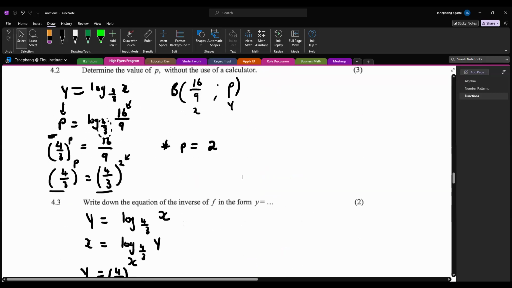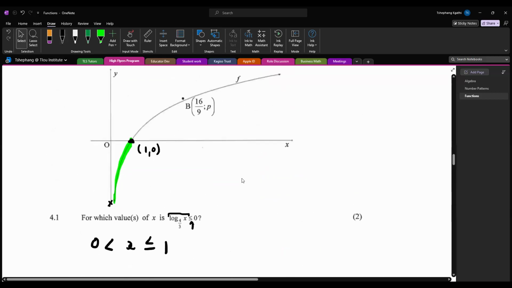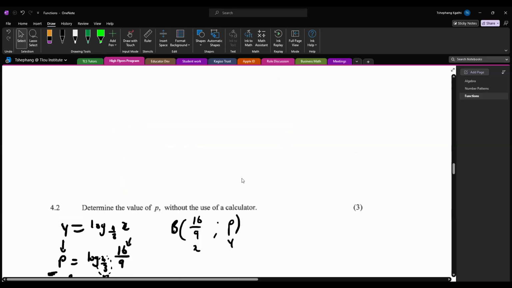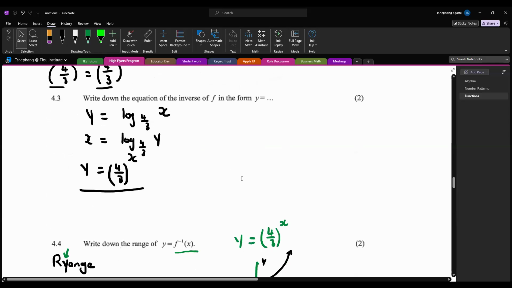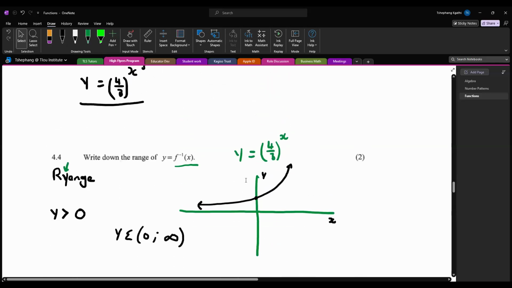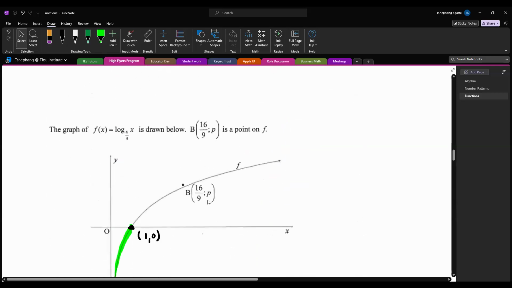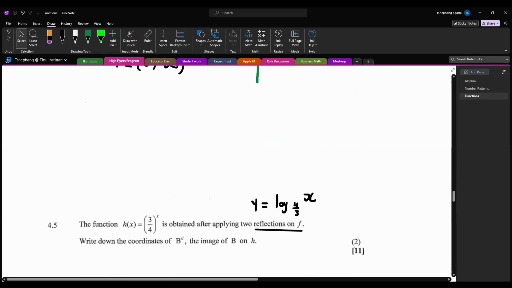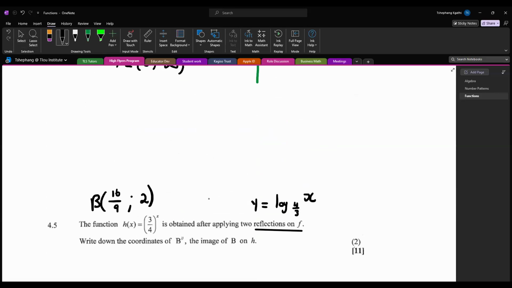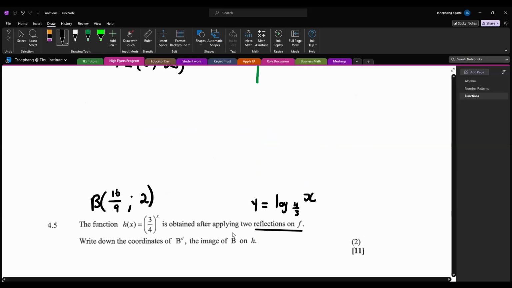Okay, so let's see. So b had coordinates 16 over 9 and positive 2, like that. Now what we need to do is reflect it twice.